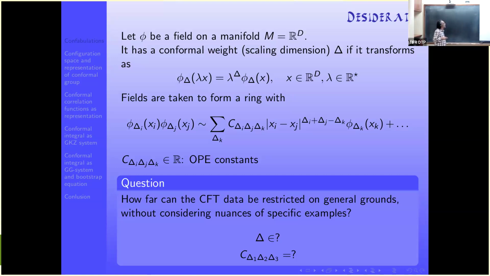These are called OPE constants. There is a space-time dependent part here with a certain index, and then other fields in the theory. That's more or less the structure of the OPE. OPE is for operator product expansion.